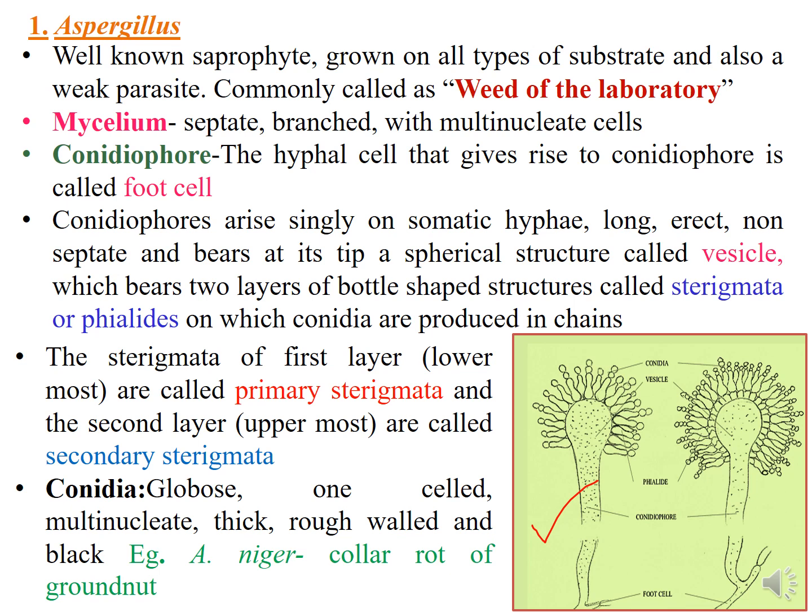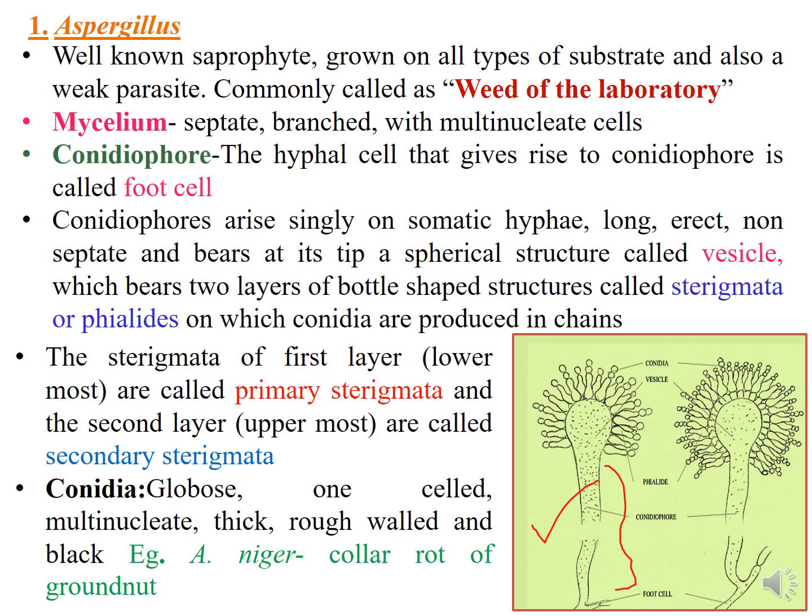That hyphal cell from which the conidiophore arises is known as the foot cell. They arise singly on the somatic hyphae, and these conidiophores are long, erect, and non-septate. Here you can see there is no septation in the conidiophore.